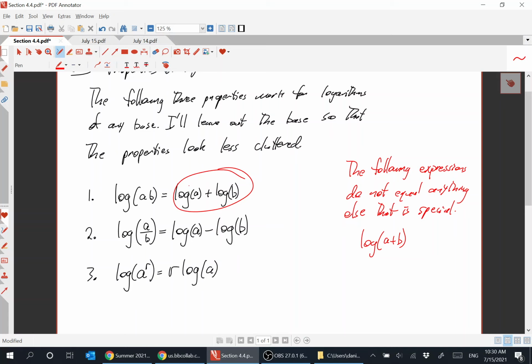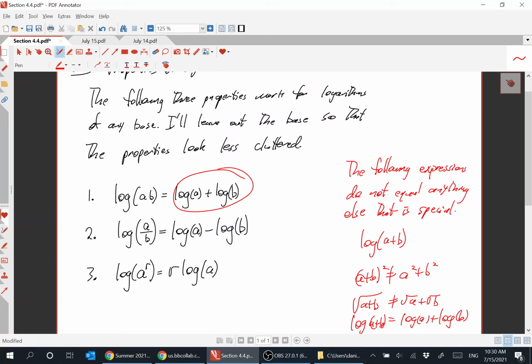Multiplication distributes over addition. Nothing else does. (a plus b) squared is not a squared plus b squared. The square root of a plus b is not the square root of a plus the square root of b. The log of a plus b is not the log of a plus the log of b. Absolutely nothing, except for just plain old multiplication, distributes over addition.